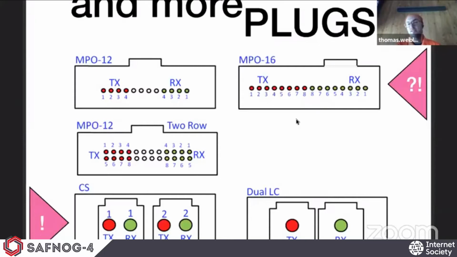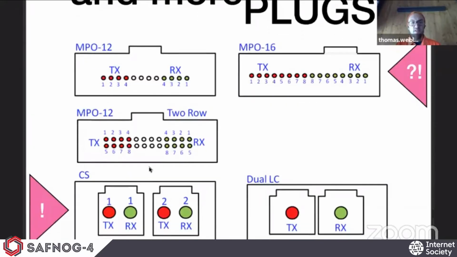But when we look at multimode transmission, doing 8 lanes with the SR8 definition, it's going to be MPO16. So 16 fibers in one plug. And for SR16 for sure, we have 8 lanes, and we have 8 times TX, 8 times RX, combined giving 16 lanes. The good news is the MPO16 will have a new keying, so you can't mix it up with the MPO12, and they won't fit into each other.